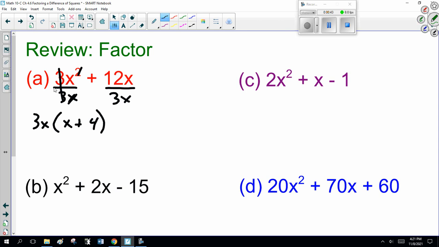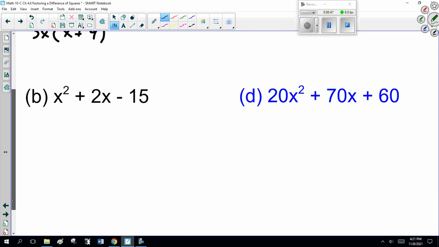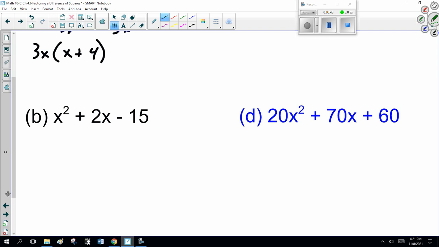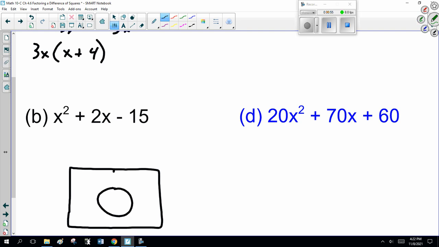x squared plus 2x minus 15. Here we've got to factor. It's an x squared. That's one of the nice x squareds. Now, what times what gives us x squared? x times x.